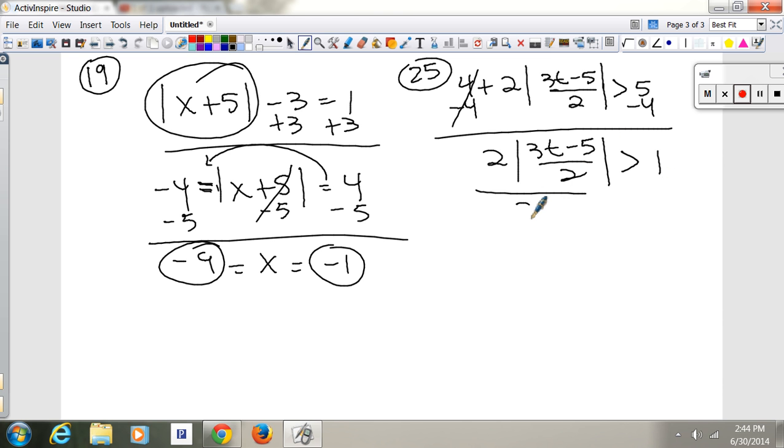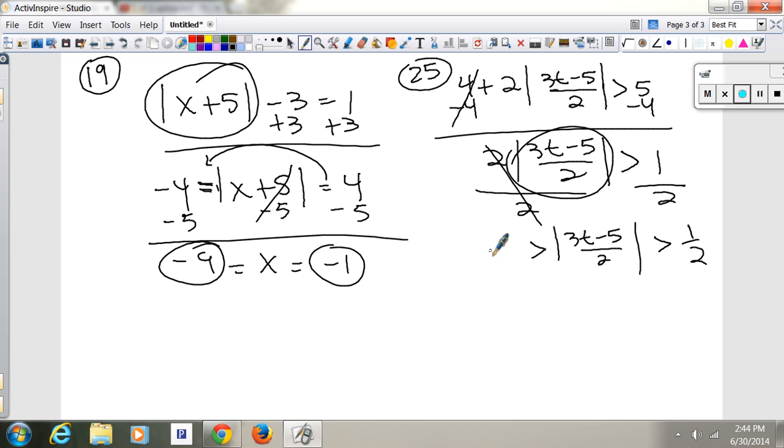And then let's divide everything by 2 because we want to get the absolute value by itself. Absolute value of 3t minus 5 over 2 needs to be by itself, and it's greater than 1/2. So we're going to bring over the greater than sign and bring over a negative 1/2. And we'll multiply everything by 2 to get rid of our fraction.